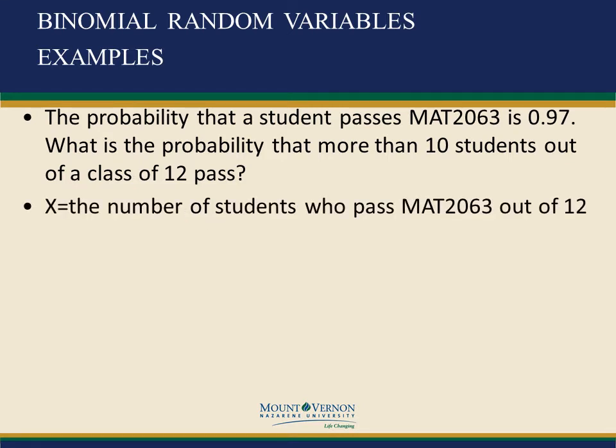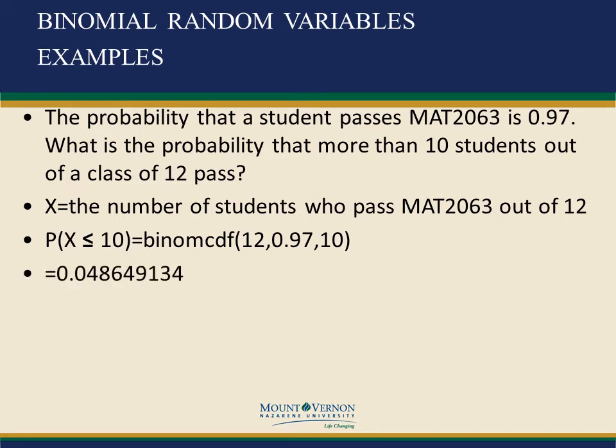In this case, x is the number of students who pass this class out of 12. And I'll begin this problem by computing the cumulative distribution function for x equals 10. So that's binom CDF 12, 0.97, 10.